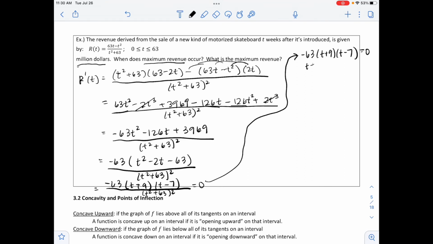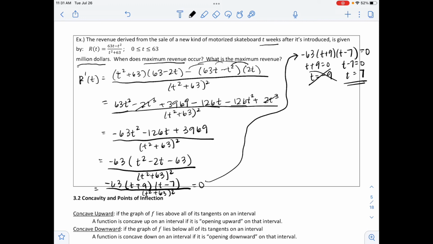But we get t plus 9 equals 0 and t minus 7 equals 0. Or t equals negative 9 and t equals positive 7. So t is our time. And so we're dealing with t weeks, and so t is not able to be negative, and so the only critical value that we are interested in is t equals 7.